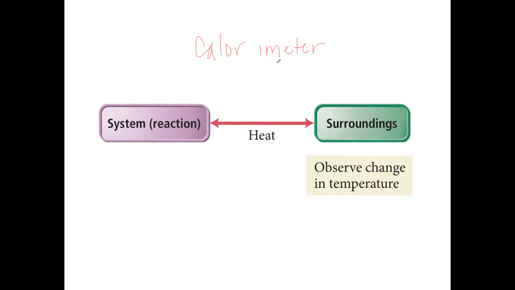With a calorimeter, we're going to measure heat. We look at a temperature change in the surroundings, and when we see it, we know that heat came from the system. The symbol we're using for heat is Q.